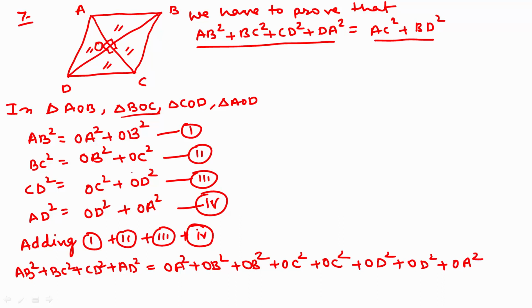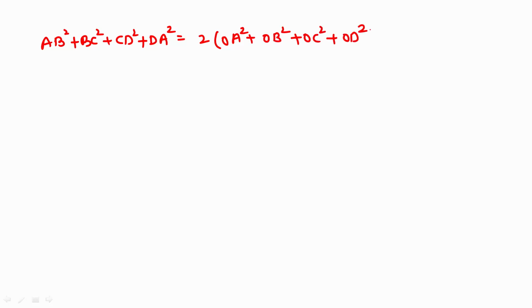You can write this equation like this: OA square plus OA square is 2OA square, OB square plus OB square is 2OB square, OC square plus OC square is 2OC square, OD square plus OD square is 2OD square, taking 2 common. So this can be written as AB square plus BC square plus CD square plus DA square is equal to 2 times OA square plus OB square plus OC square plus OD square.